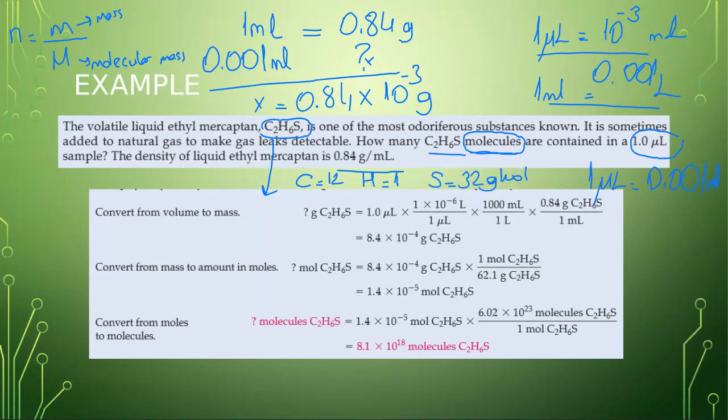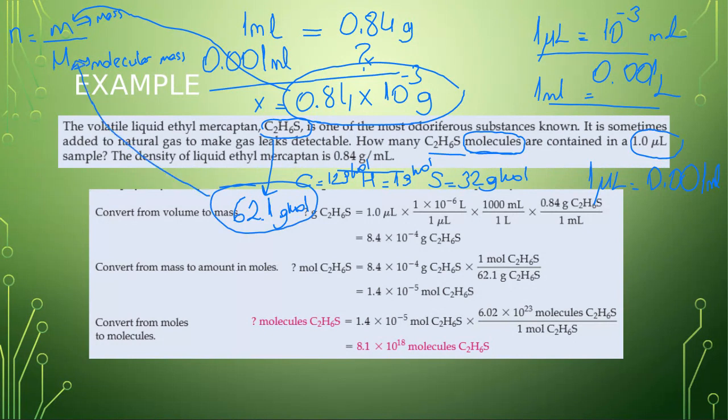Okay, gram divided by mole. And then you have to calculate that ethyl mercaptan molecular mass, and you will find 62.1 gram divided by mole. And you know this mass, put this gram from here, and then put that molecular weight here and calculate.